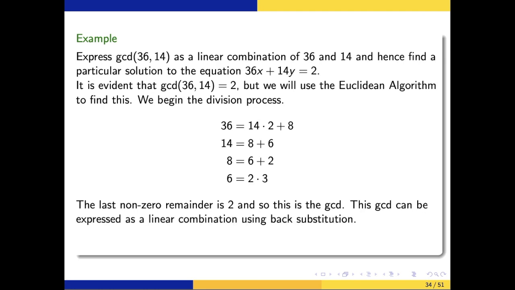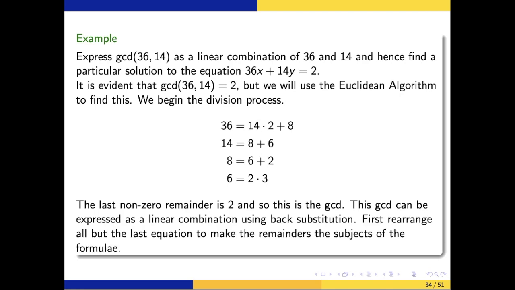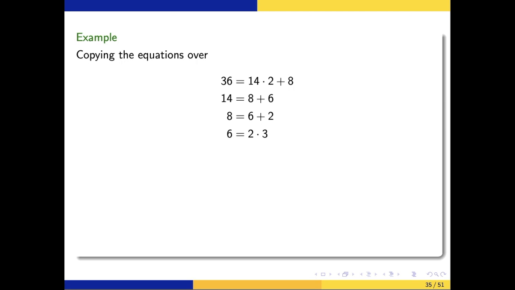Now this GCD can be expressed as a linear combination using back substitution, which we will illustrate now. So first we rearrange all the equations except the last, that is 6 equals 2 times 3, in such a way as to make the remainders the subject of the formula. So we'll just copy these 4 equations into the next slide. We have 36 equals 14 times 2 plus 8, 14 equals 8 plus 6, 8 equals 6 plus 2, and 6 equals 2 times 3.